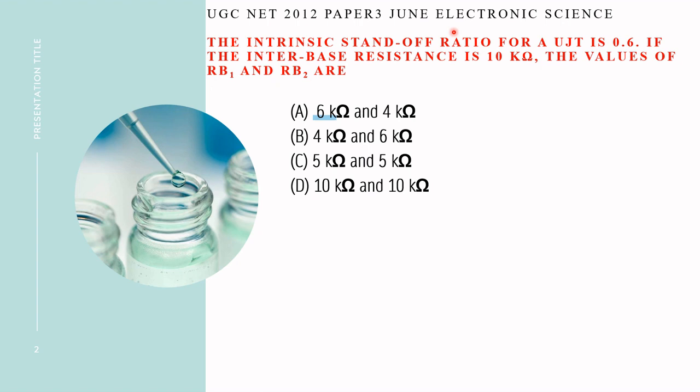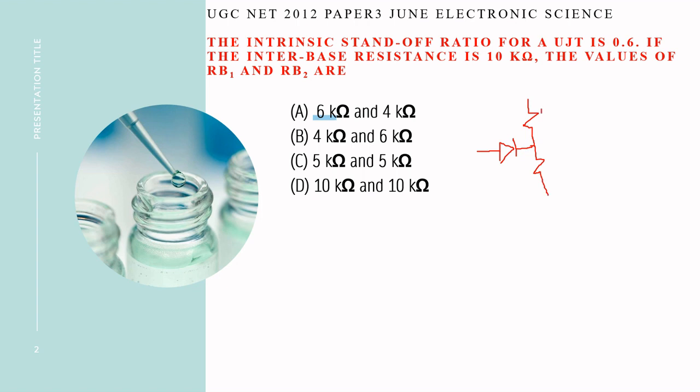How do we solve this problem? What is the basic concept of the unipolar junction transistor? We know that here we consider one PN diode, and here we consider one resistance, and here another resistance.